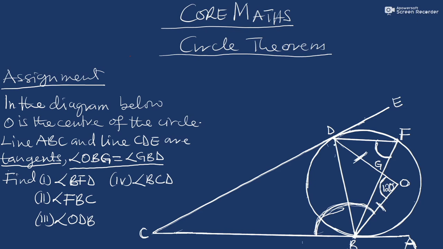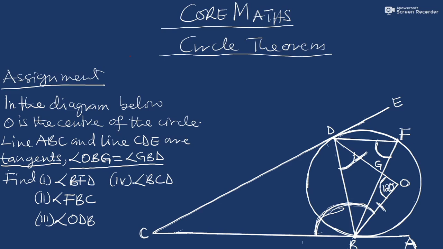So if triangle OBD is an isosceles triangle, that means that the angle here, that is angle ODB, is the same as the angle here, that is angle OBD. So angle ODB is the same as angle OBD. So how then do we get it? Once this is 120 and it's a triangle, the sum of interior angles of a triangle is what? 180 degrees. So this plus 120 will be equal to 180.